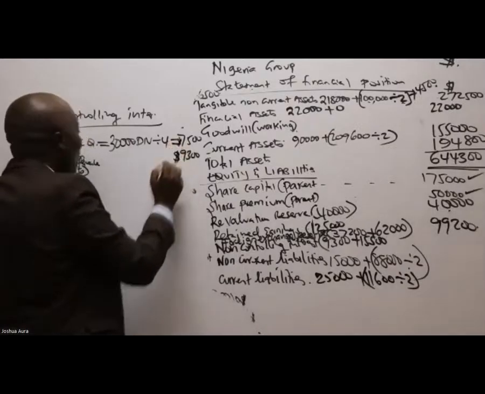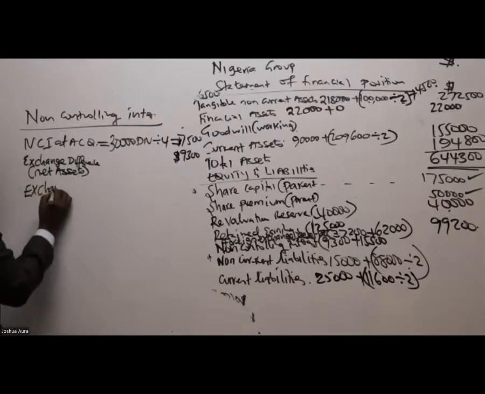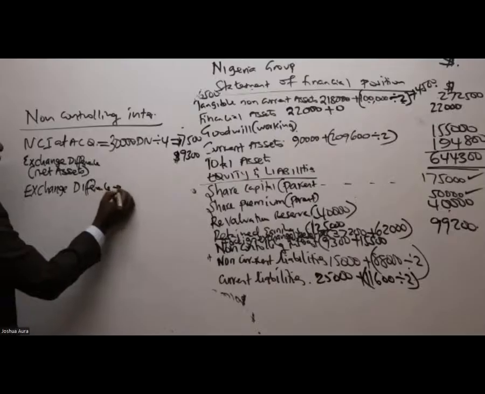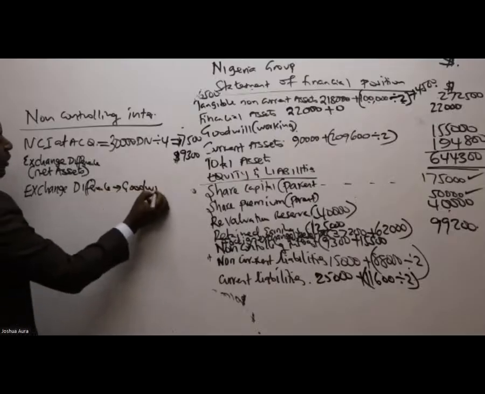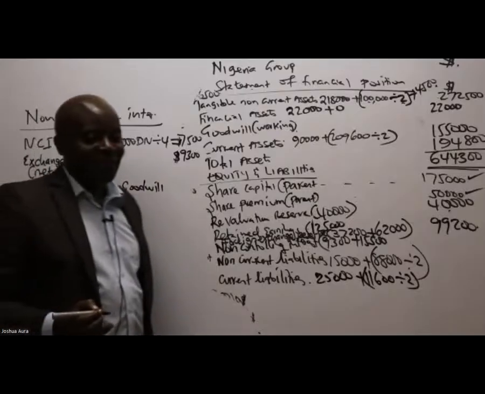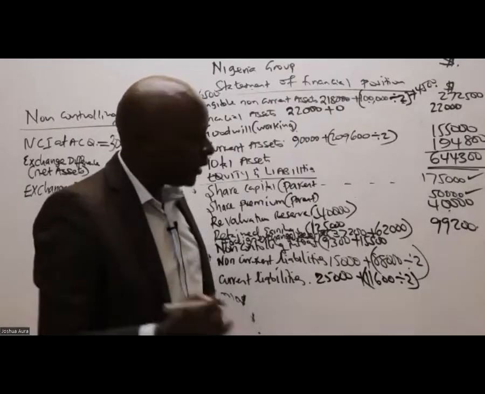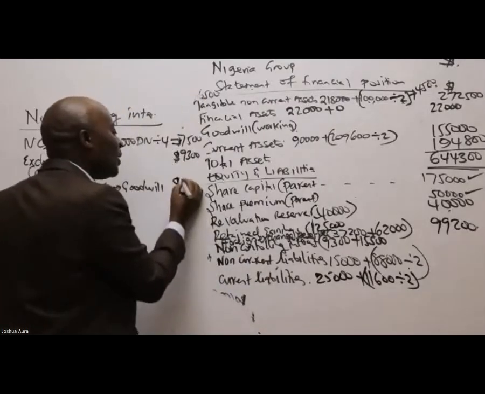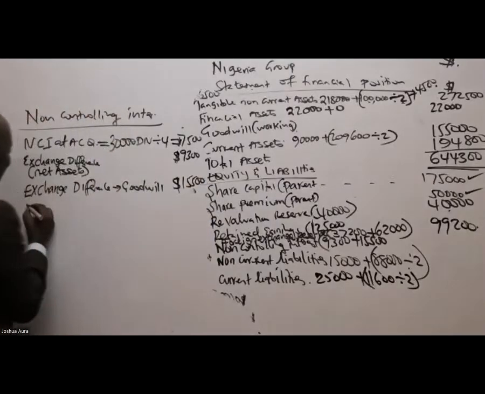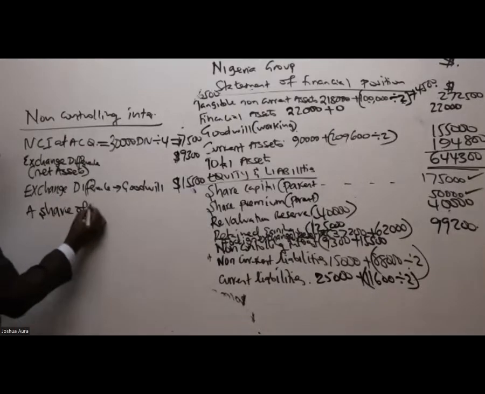We also gave them something from the exchange difference on goodwill. Is there anybody who is able to remember? It was 15,500, and already this is translated. Also, these guys must always get a share of PARP.